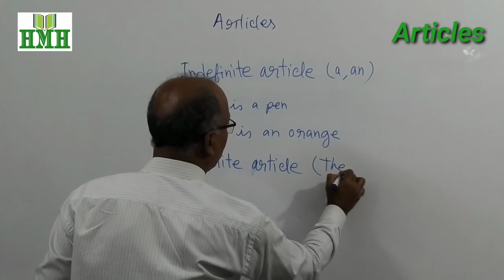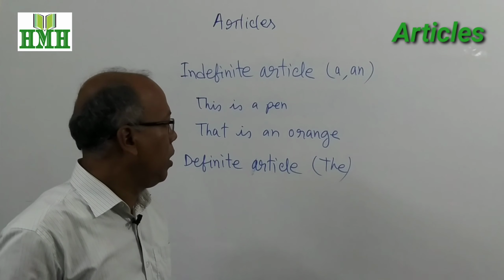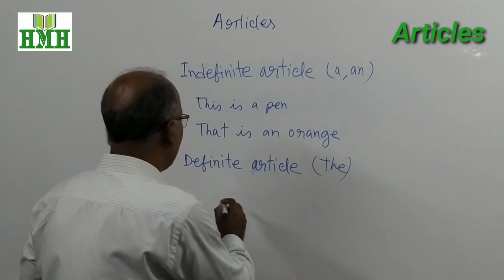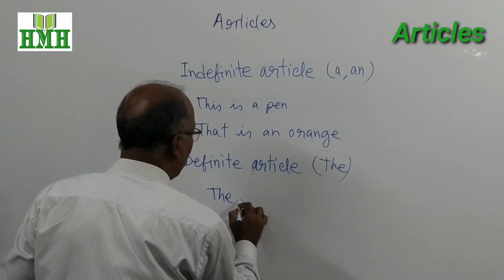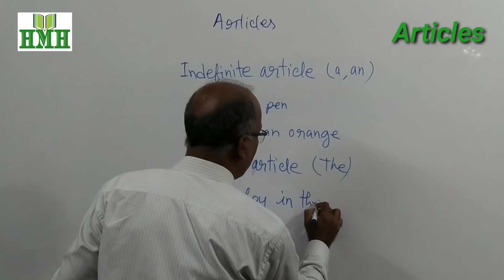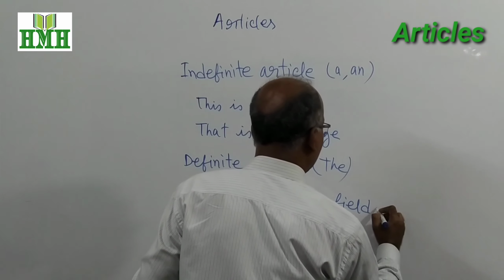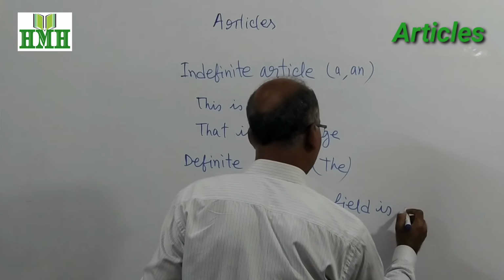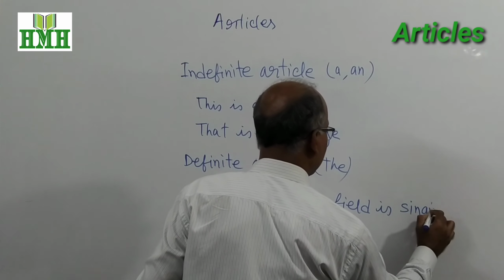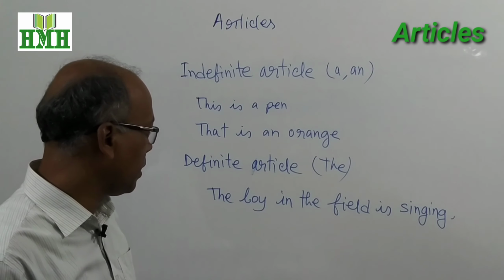The definite article is the. The is used to express a definite thing or person. Suppose, the boy in the field is singing. The boy in the field is singing.